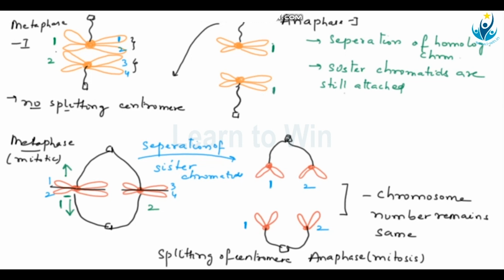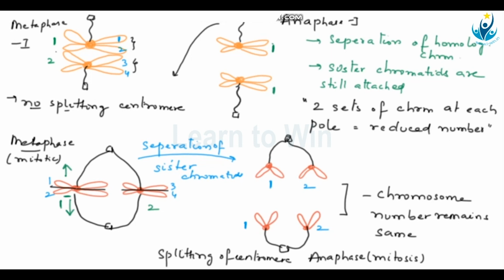So that unique event we spoke about is that at the end of anaphase you have two sets of chromosomes, one at each pole, and they are the reduced number.